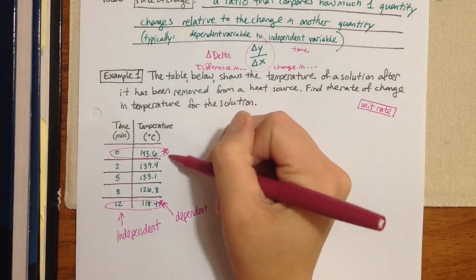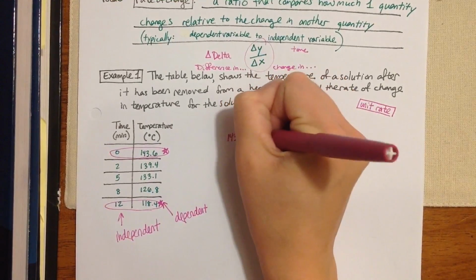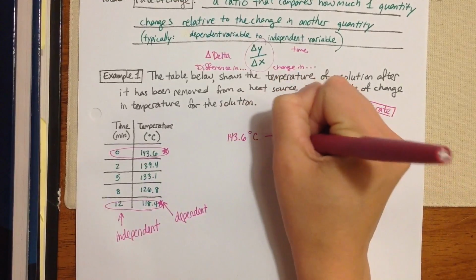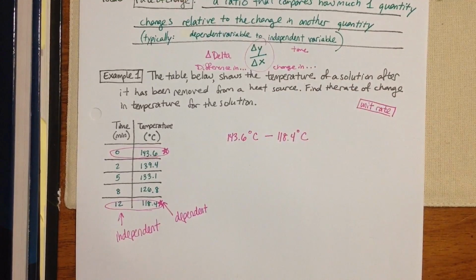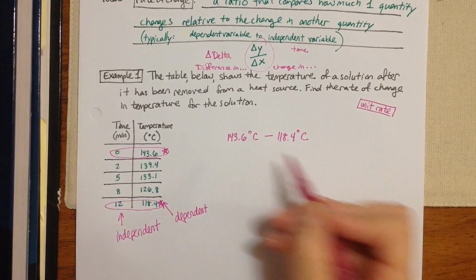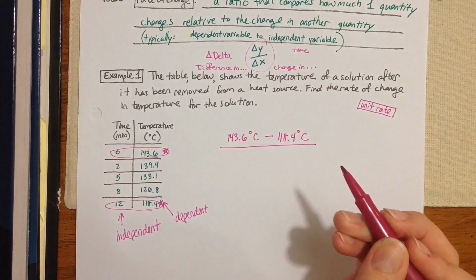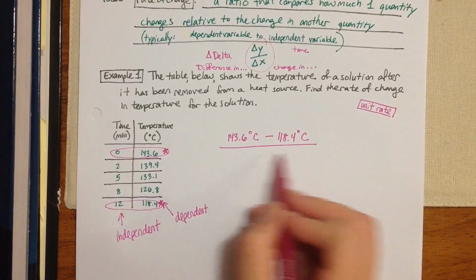So dependent, the change here is 143.6 degrees Celsius to 118.4 degrees Celsius. If I subtract them, that's going to give me the change. Ratio, so I'm going to divide. Now I need the change in the time, because that is my independent variable next.